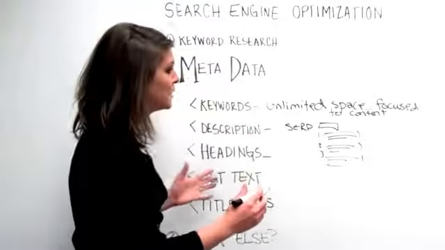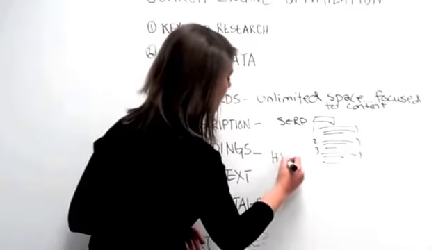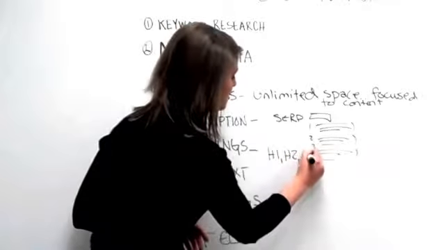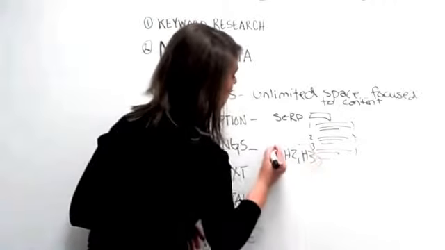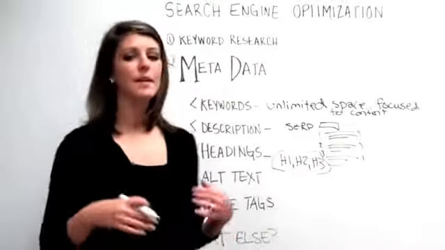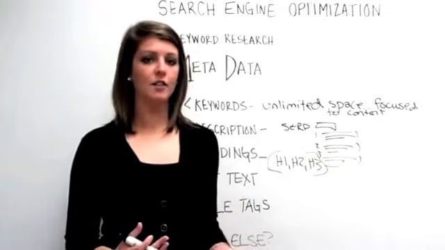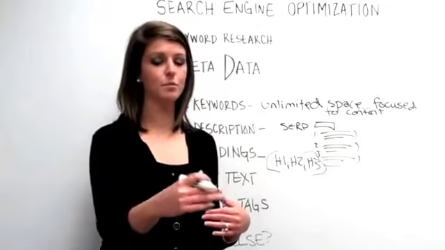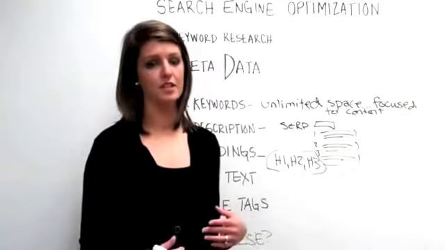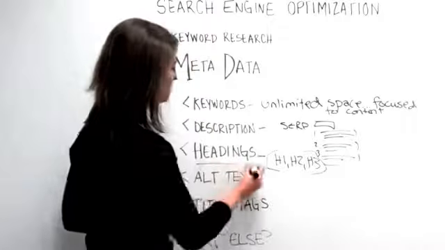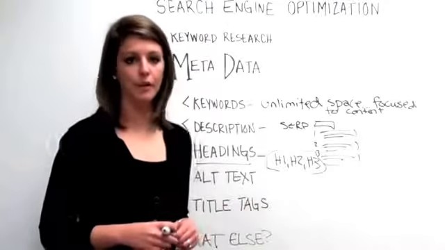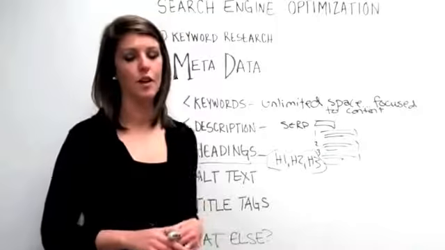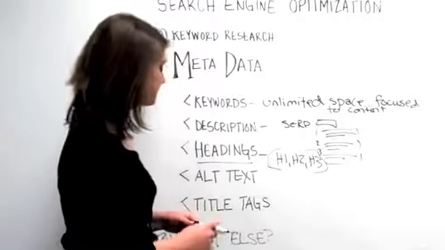So headings will be listed in your source code as H1, H2, H3, and these are all really important because they basically tell Google what the hierarchy of your content is. An H1 is more important than an H2, which is more important than an H3. And a lot of times headings are bolded, so they show how your content is organized on your website.